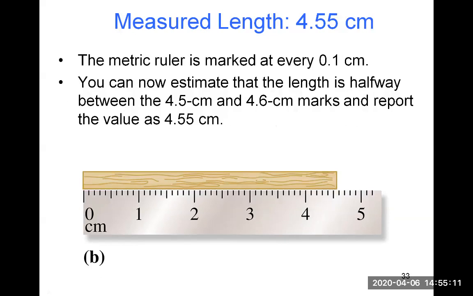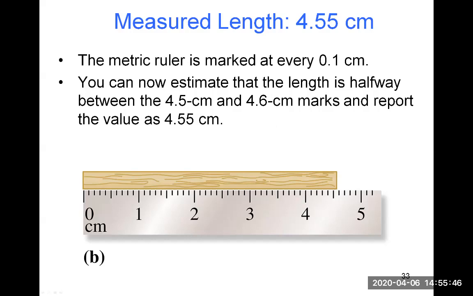If we look at this new ruler, it has many more lines, which means it's much more precise, because we will be able to give one more decimal, as you will see. This ruler is marked every 0.1 centimeters, because if you look from 0 to 1, it's divided into 10 equal spaces. And so between the 0 and the first mark that comes after the 0, it's 0.1 centimeter.